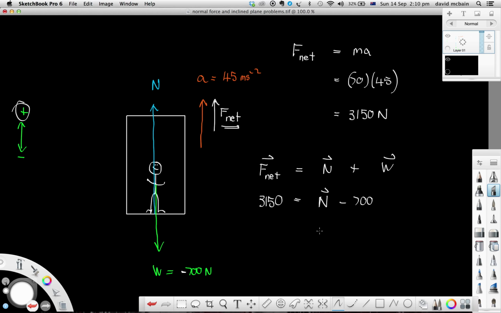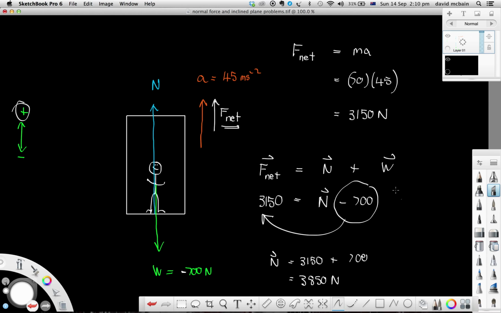So by moving our minus 700 to the other side of the equation, our normal force will be 3150 plus 700, and that will equal 3,850 newtons. So that's the value of the normal force.